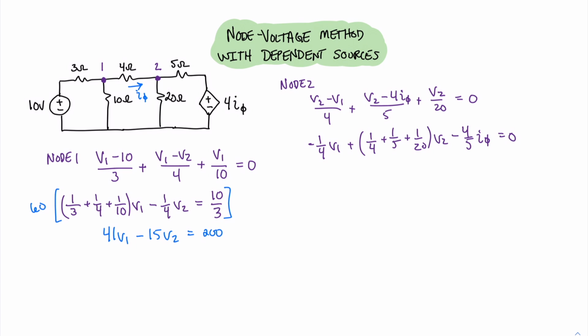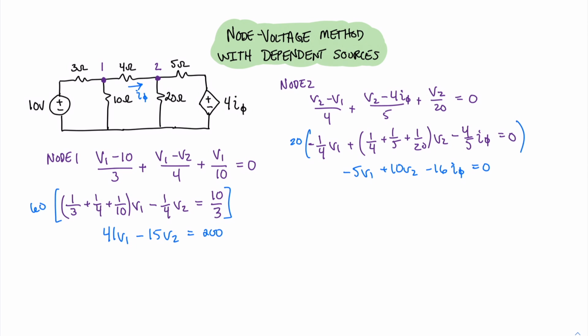If we look at this, our least common denominator is 20. So we'll multiply both sides by 20, and in simplifying that, we get minus 5V1 plus 10V2 minus 16 I phi equals 0.